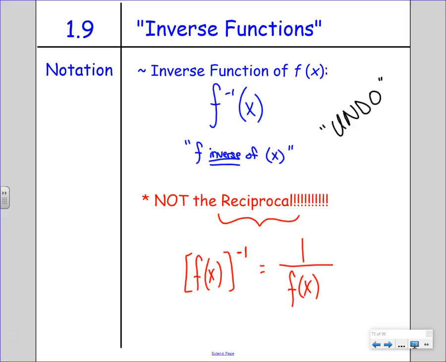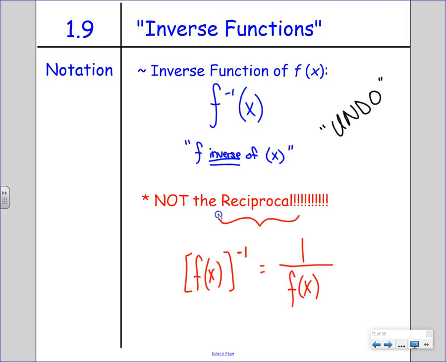This entire section. The word inverse, your brain may attach the idea of reciprocal, like 1 over, hopefully. For function notation, hopefully you're like, plug in. But for inverse, I need you to attach the idea of undo.